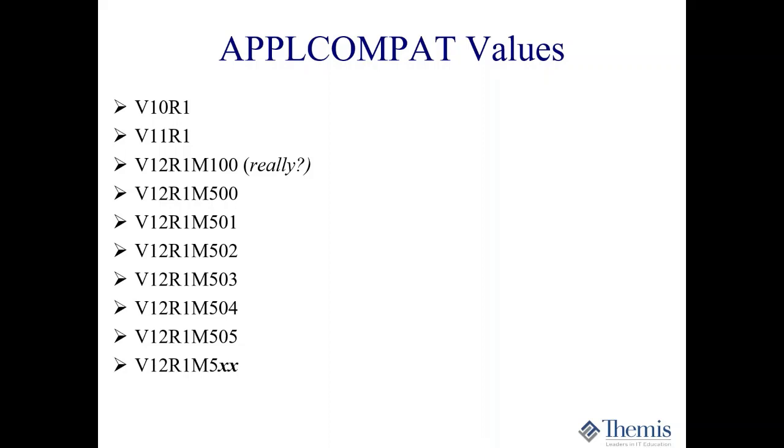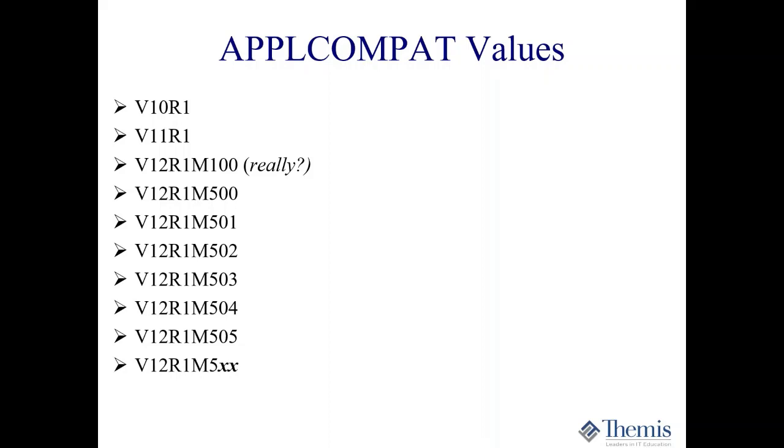And then when you get to version 12, because of the continuous delivery, we can now pretend we're on any flavor of version 12 up through whatever you've activated. So if your system people haven't activated M504 yet, then obviously you can't use that with APPLCOMPAT. So you can work at your current activation level or lower.